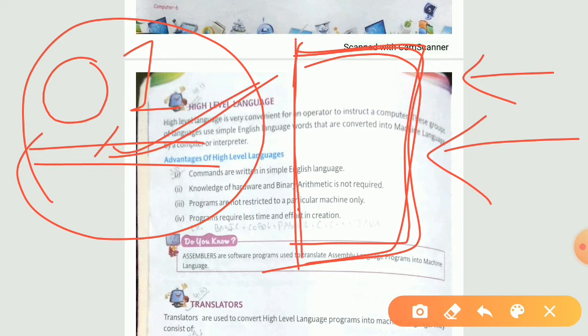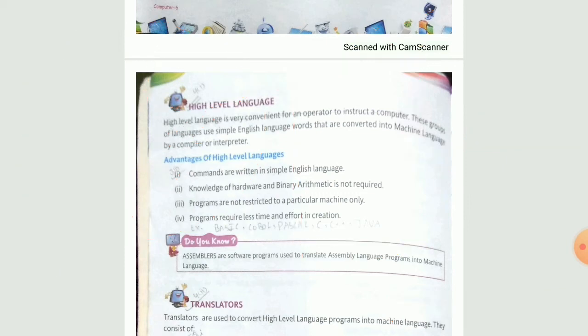The better your middle software, the more flexibility you will get. So in high level languages, the middle software is somehow an advanced one, and you write in simple English language. But your computer understands only zeros and ones, every time. So we have some advantages of high level languages.